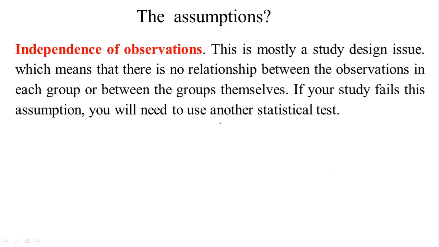In most cases, somebody will look at which design you are using and what the weaknesses of this design are. Is it prone to weaknesses that can give you wrong results when you use some of these tests? So you are supposed to be very careful when you are choosing your study design.